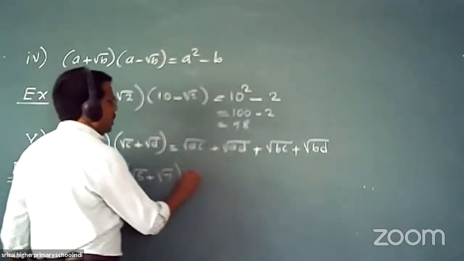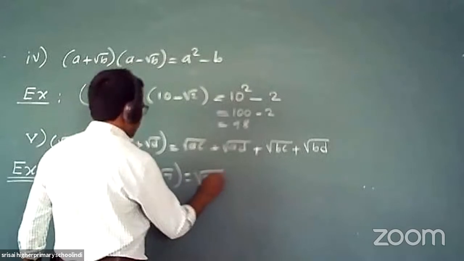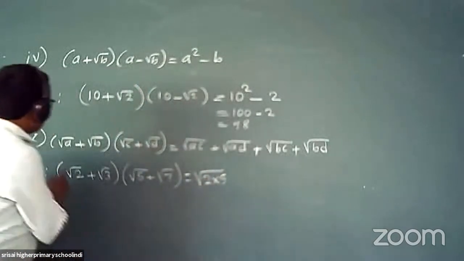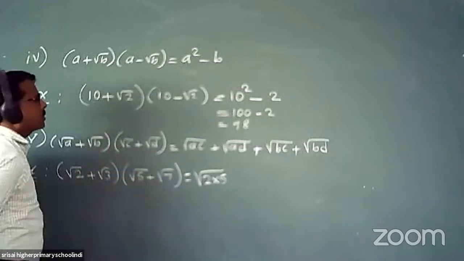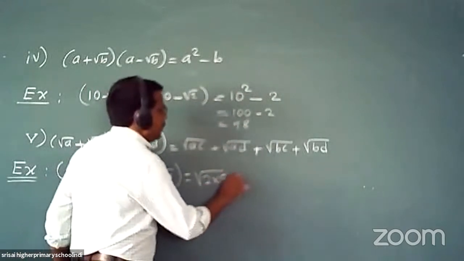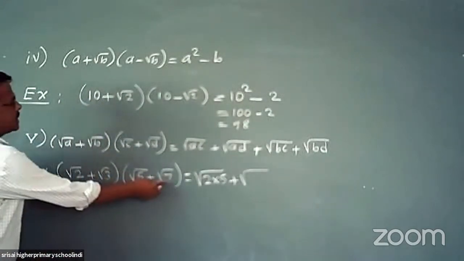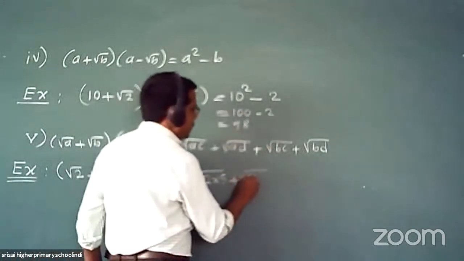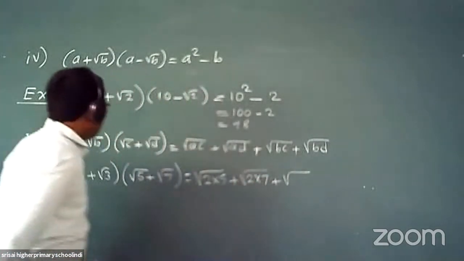So square root of AC means 2 into 5. Directly I will write it, 2 into 5. Plus AD, square root of AD. A is 2. D is 7. So 2 into 7.